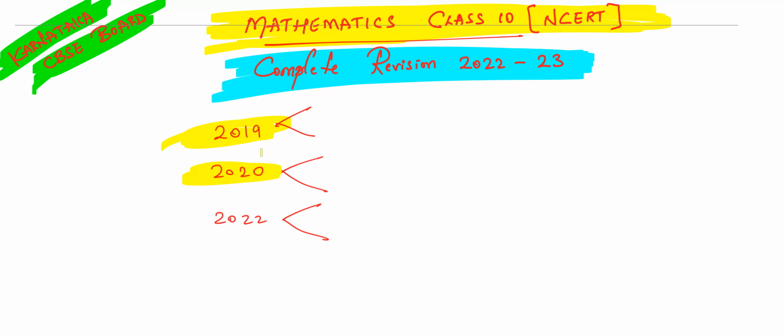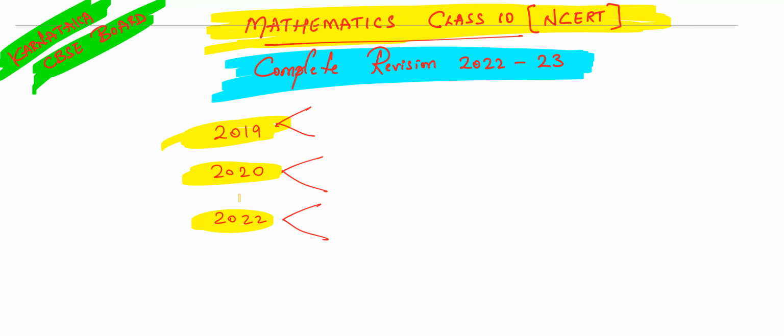Follow the 2019-2020 pattern, but for question paper revision you can do 2022 also. Is this clear? Very good. So these 3 years, 6 papers, you need to study. That is the basic platform for your preparation.